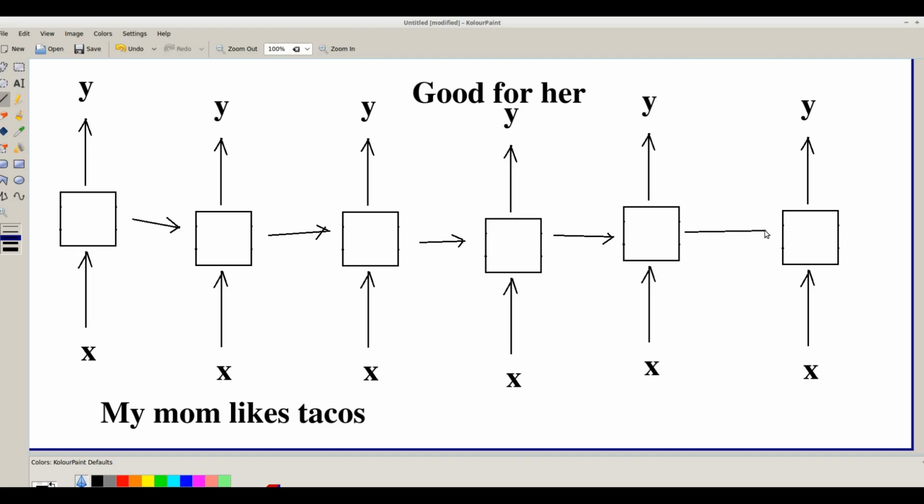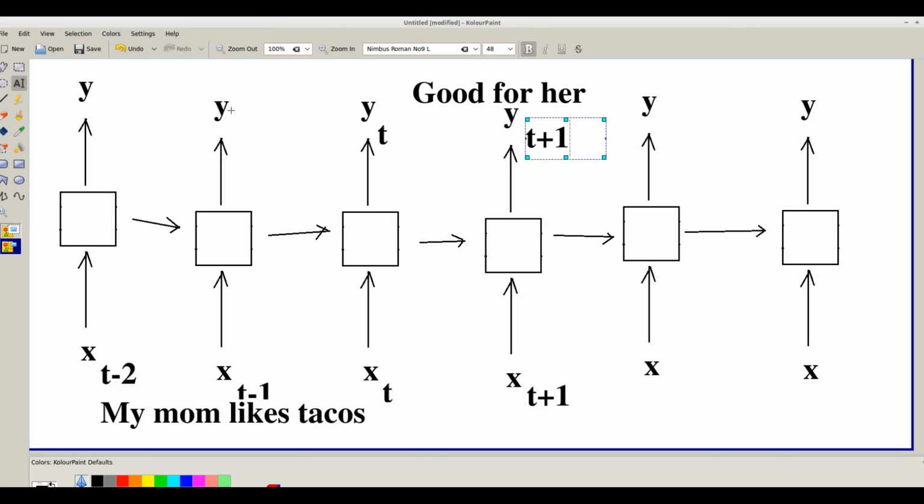This is a recurrent model that has been unfolded through time, such that if this is x sub t, and this is x sub t minus 1, and this is x sub t minus 2, this is x sub t plus 1, this is y of t plus 1, y of t minus 1. Basically, t suggests that this is time right now.